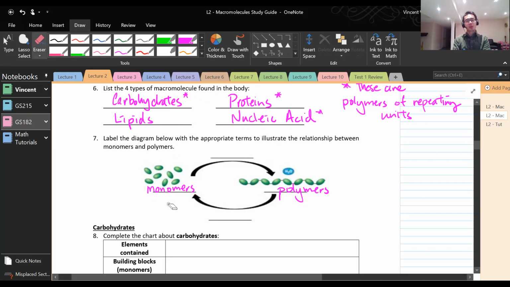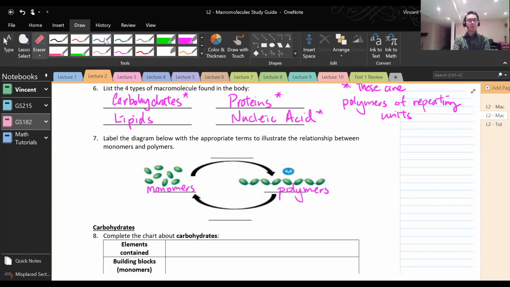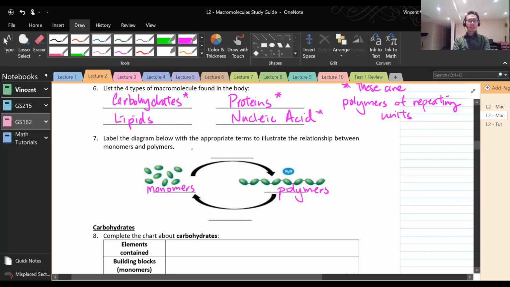So to connect the monomers to form polymers, we are going to need to do a chemical process called dehydration synthesis. Another name for this is condensation reaction. That is where you remove a water molecule and connect the monomers together.